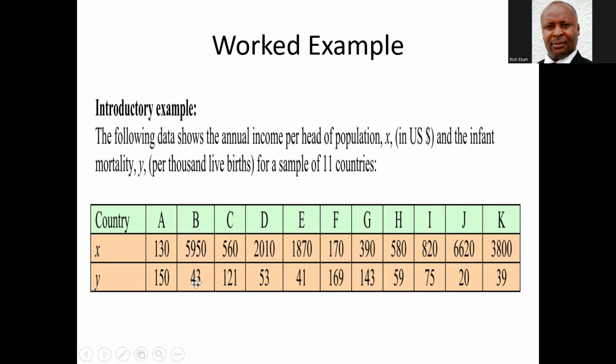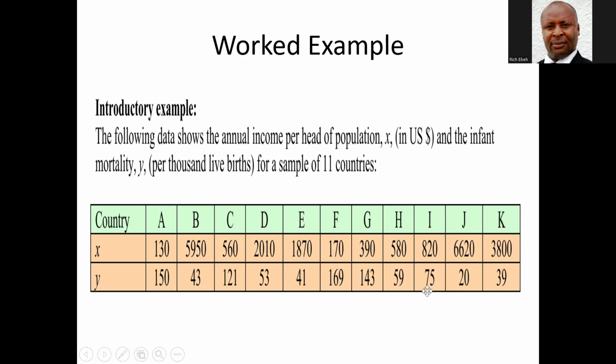Then country B, 43, country C, 121, country D, 53, country E, 41, country F, 169, country G, 143, country H, 59, country I, 75, country J, 20, and country K, 39.